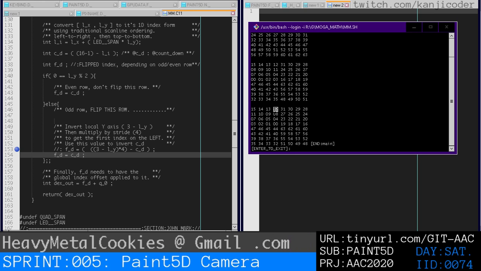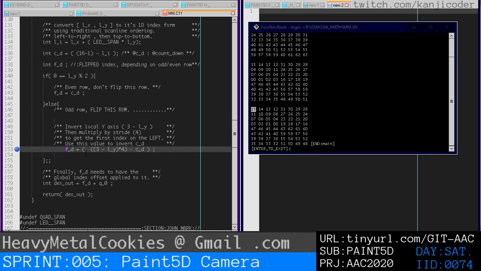Oh, but you know, it's not just 12. We want to invert it. So we want to take the highest thing, right? So the highest thing is going to be 12, 13, 14, 15. So we have to actually add 3, right? So we invert it, we times it by 4, to get the highest thing.